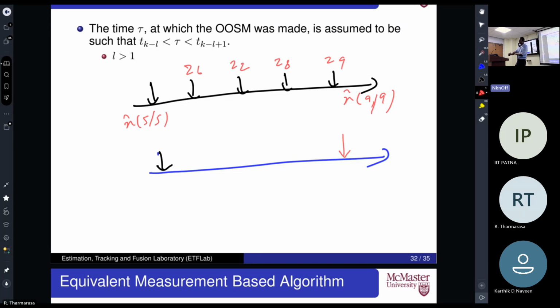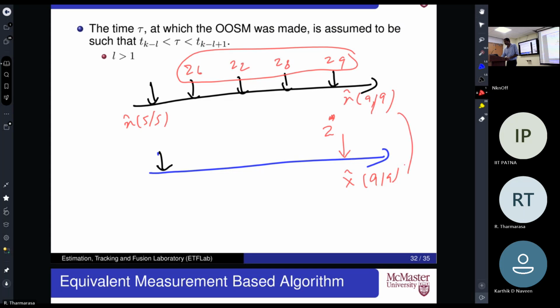The idea of equivalent measurement is that we are going to summarize all these with another sensor, I would say, like that. This will give the same output as that. That is the idea of equivalent measurement.